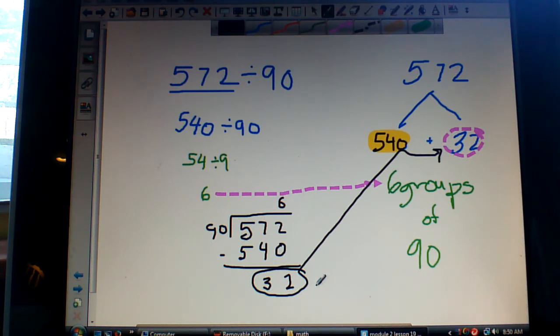Okay? So basically when we do our check, we have 6 plus 32, because it's a remainder of 32. Okay? So when we do our check, we do 6 times 90, which equals 540.